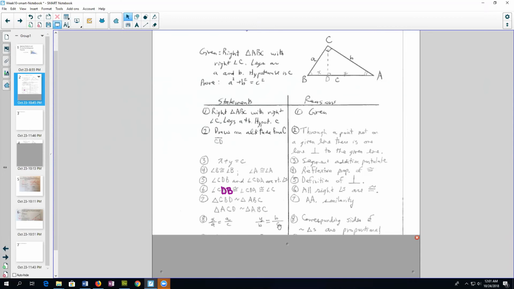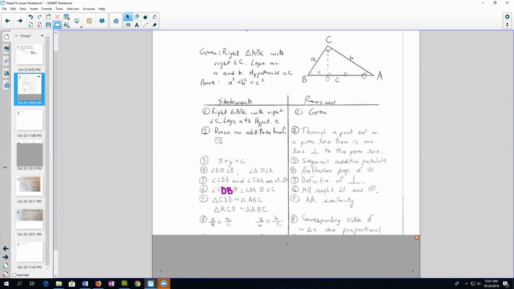In a similar manner, I'm going to be using the letter b twice. And of course, the reason we want to use the letter b twice is so that when we cross multiply, we get b squared and a squared, because we have our eye on the prize. y over b equals b over c.